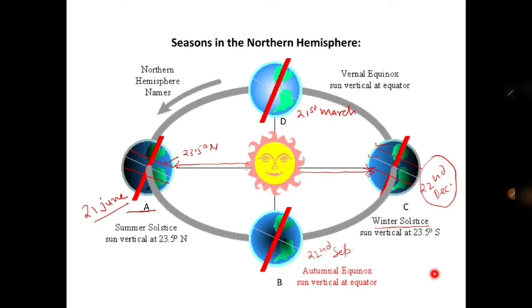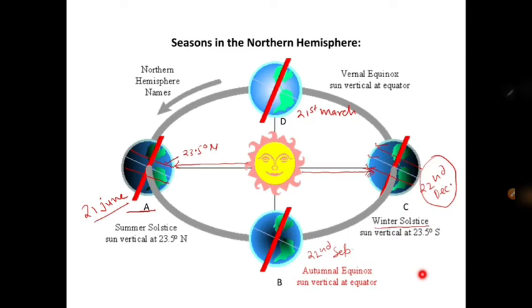At this time, the Earth's axis points neither towards nor away from the Sun, and everywhere on the Earth there are 12 hours of day and 12 hours of night. The maximum heat from the Sun's rays is received at the equator, diminishing gradually as one goes towards the poles.